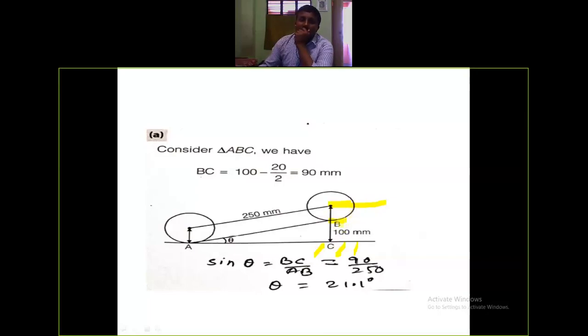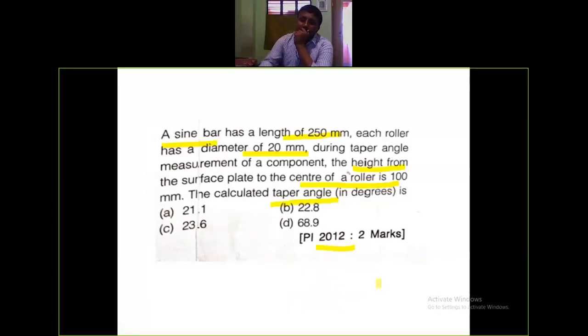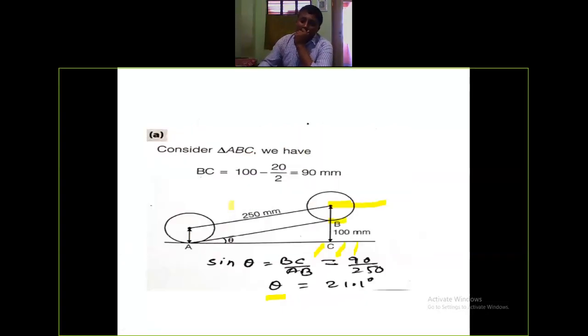So 100 minus 10 will give you the value of BC, which is 90. If you calculate the value of theta, you will find 21.1 degrees. So the correct answer is A.